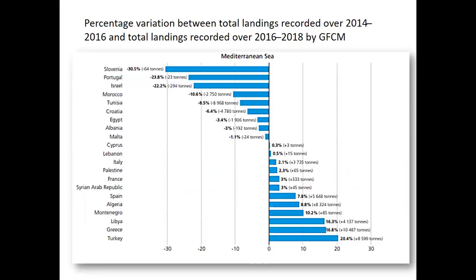The following figures describe the variation in the total landing of fisheries in the Mediterranean countries. Some Mediterranean countries suffer a decline and reduction in landing amount, and others gained more fisheries production.